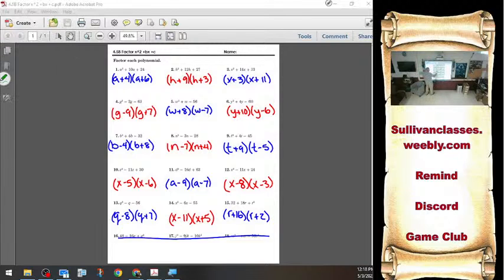Next to every one of these, you should have had n squared plus 4n minus 7n minus 28. So you can check, and those two add up to negative 3. Check. So next to every one of these, you should have a distribution problem as well.